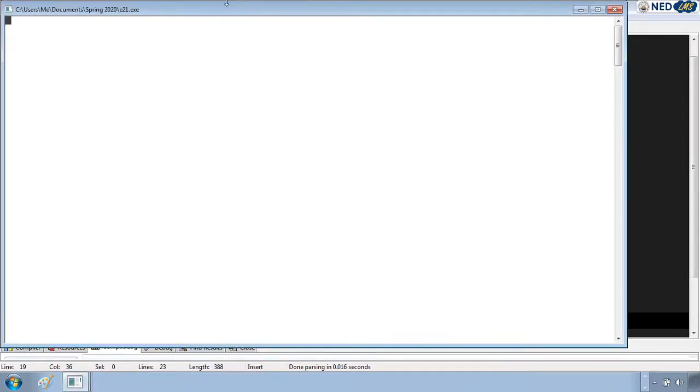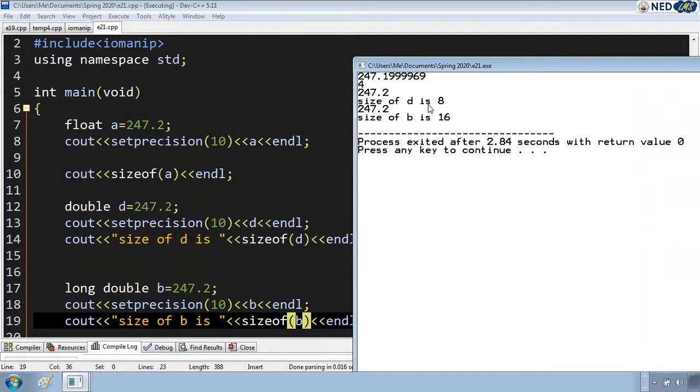I think it should be 16 bytes. So long double has 16 bytes and double has 8 bytes of memory occupied and float has 4 bytes of memory. These two numbers are displaying 247.2 and storing 247.2 as it is, which is doing it rather correctly, but this floating point number is not.